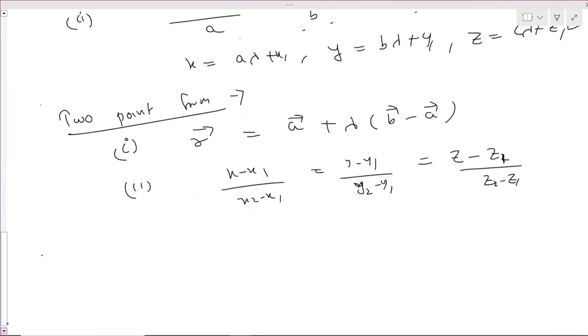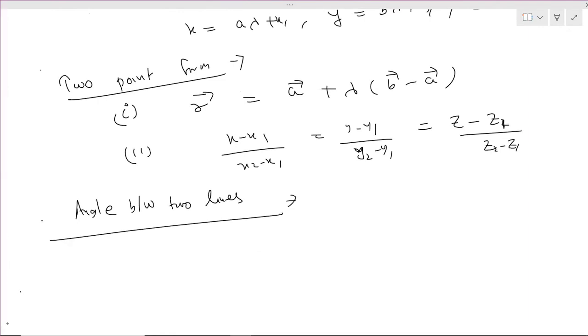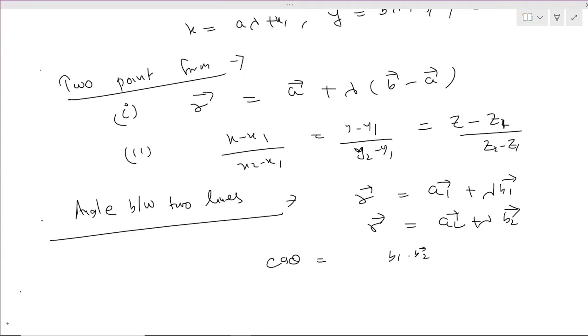Angle between two lines. If r vector is a1 plus lambda times b1 and another line is a2 vector plus lambda times b2 vector, then cos theta will be equal to the modulus of b1 dot b2 upon mod b1 mod b2.